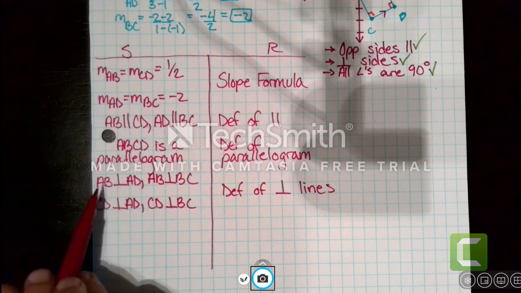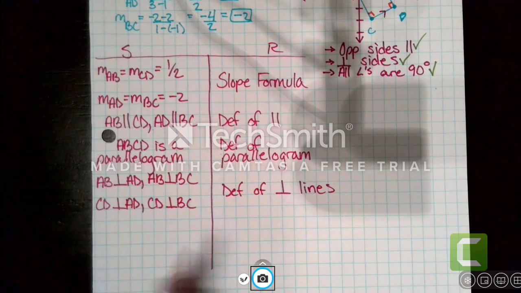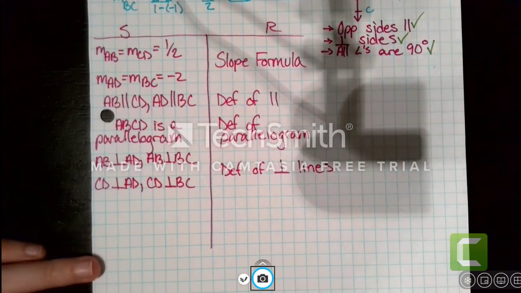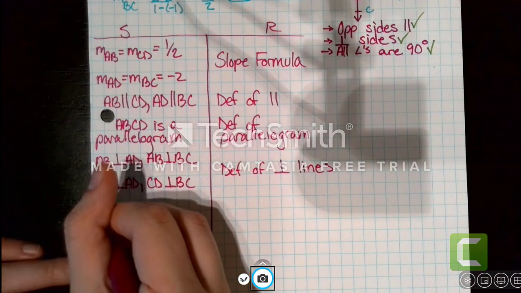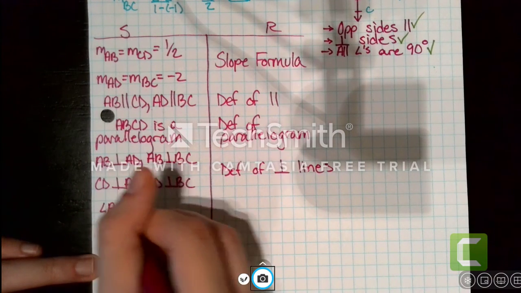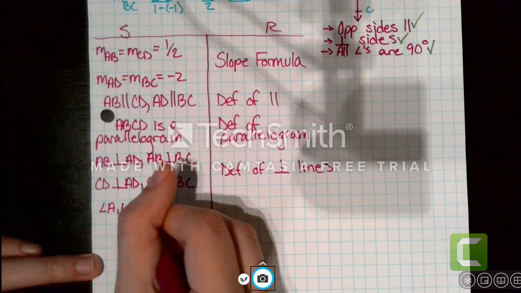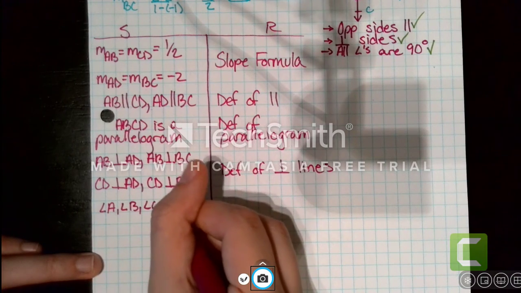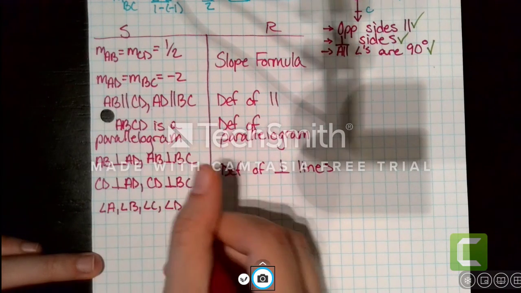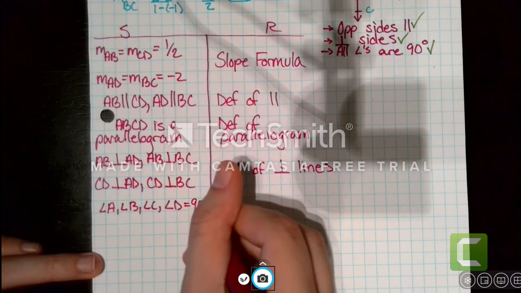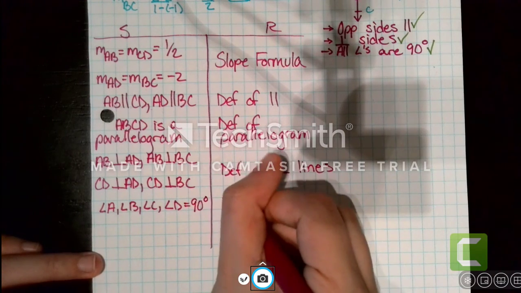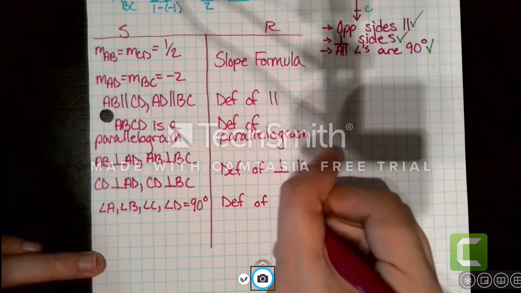Now, since we've proven that perpendicular sides exist, then by the definition of what perpendicular means, angle A, angle B, angle C, and angle D are all equal to 90 degrees by the definition of perpendicular.